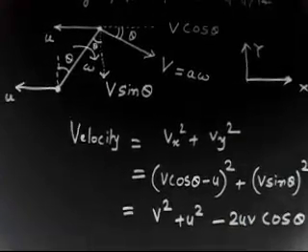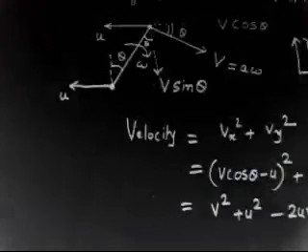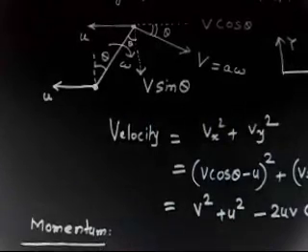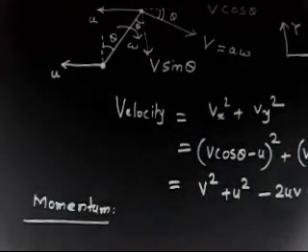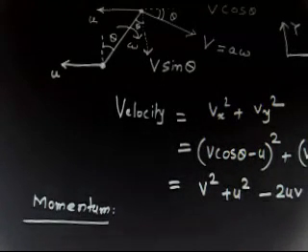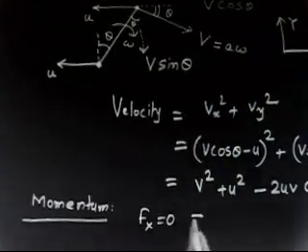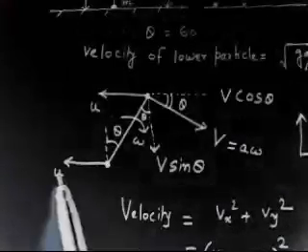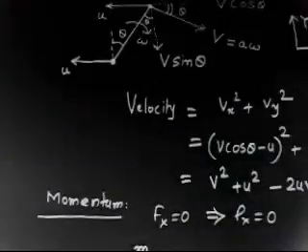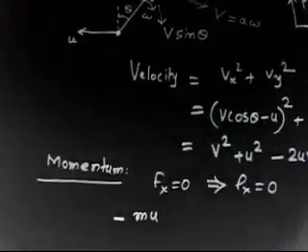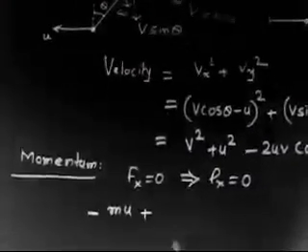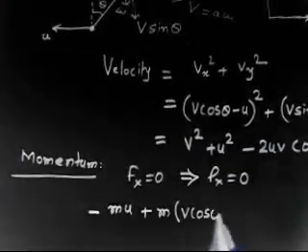First I will apply the momentum conservation equation. Initially the system is at rest, so there was no momentum in the x direction. There is no external force acting in the x direction, so F external in x is 0, so momentum in the x direction stays 0. This mass is going with speed u, but in this side, so I apply a minus sign: minus mu. For the other, the x velocity is V cos theta minus u, so the momentum is m times V cos theta minus u.